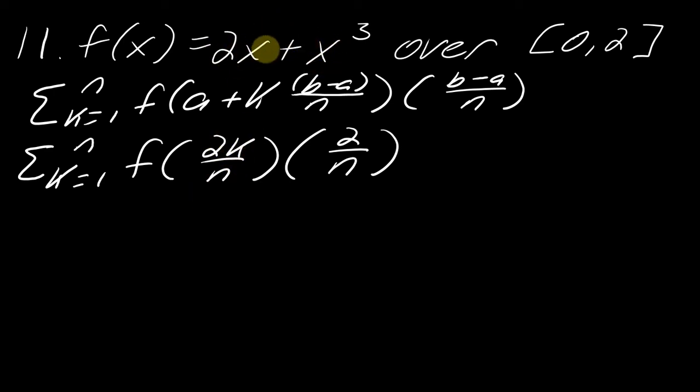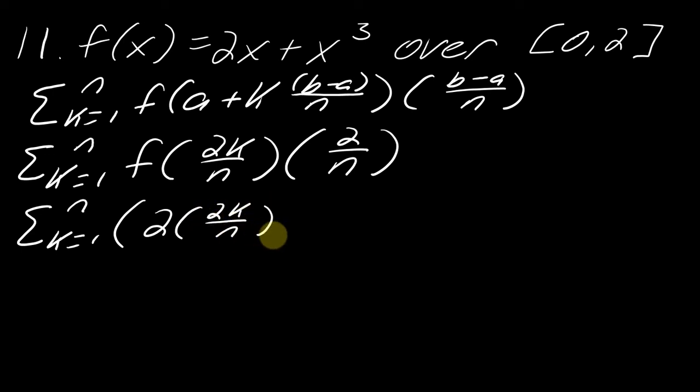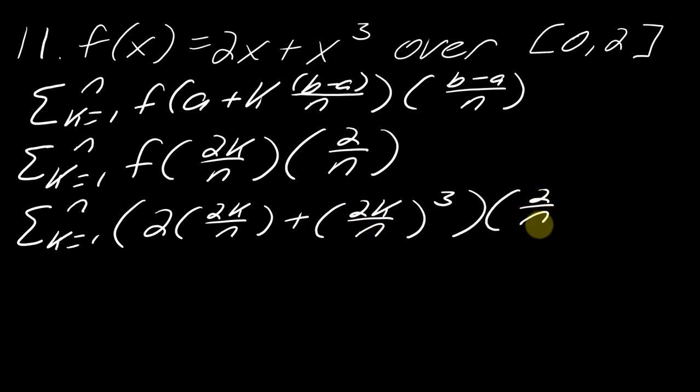Notice I have an x here and an x here, so I'm going to plug this 2k over n in twice. So this will now be 2 times 2k over n plus 2k over n cubed. So I have all of that, and then I have this 2 over n.